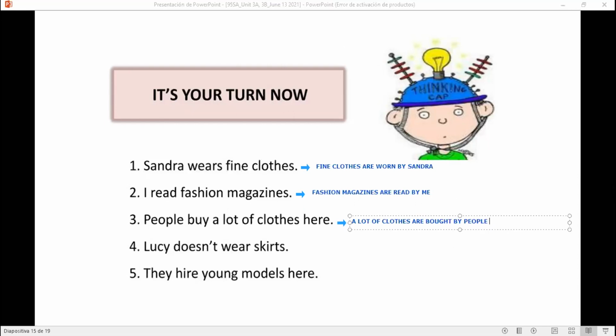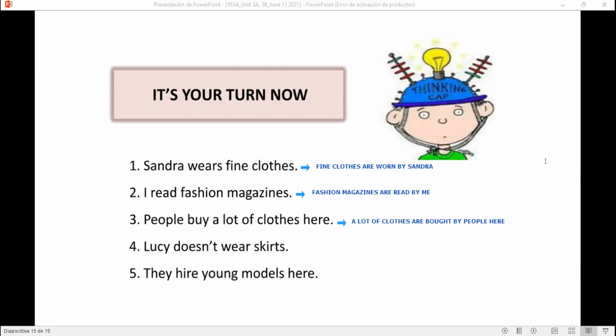Y ahí sí podríamos ocupar lo que ustedes querían ocupar al inicio. Here, exactly. A lot of clothes are bought by people here. Un montón de ropa o mucha ropa es comprada por gente aquí. Ese aquí no necesitamos mover, es un complemento de espacio en realidad. No es necesario enviarle al inicio, no es tan relevante.